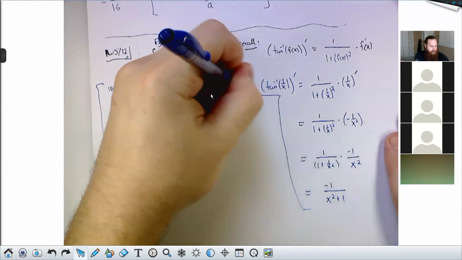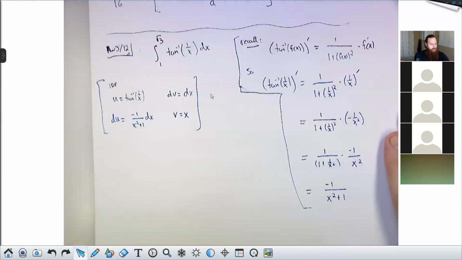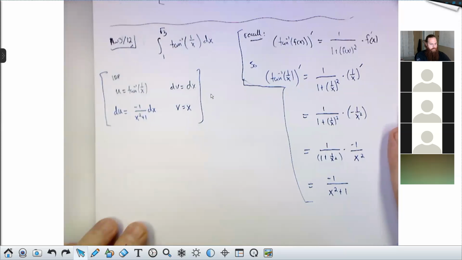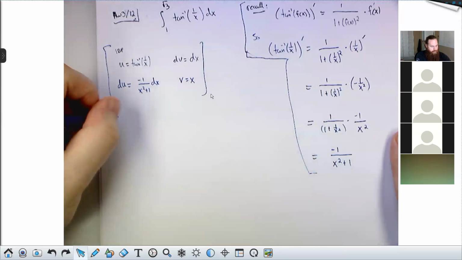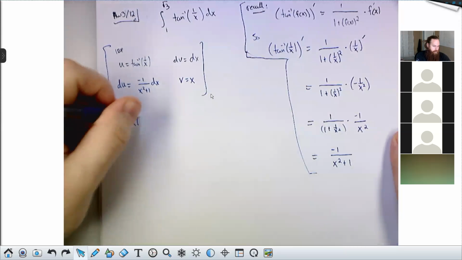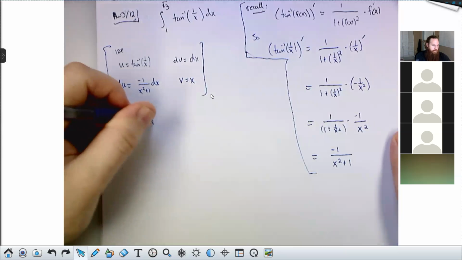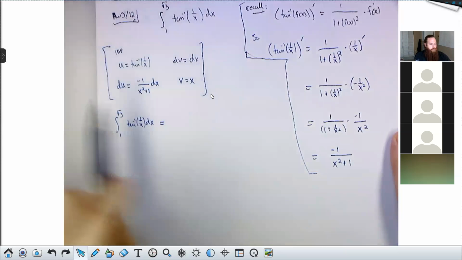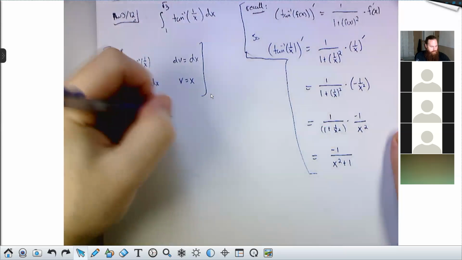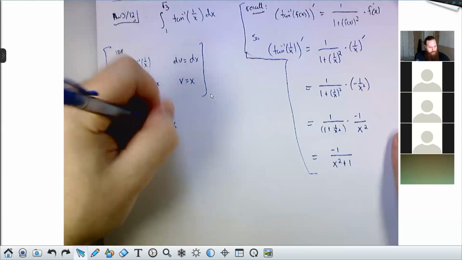Right, so some side work. As the result, this integral, the integral from 1 to root 3 of the inverse tangent of 1 over x dx is equal to u times v. I'll write the x out front because it looks better that way.